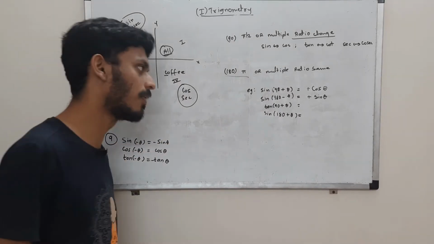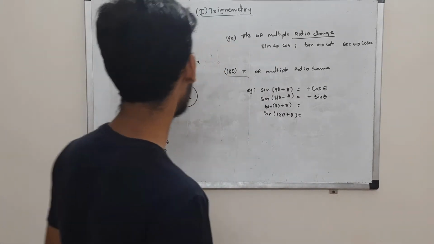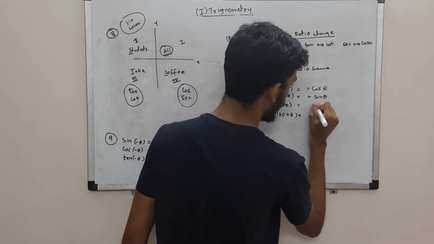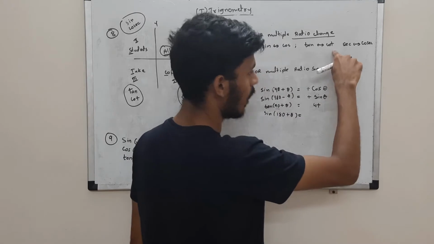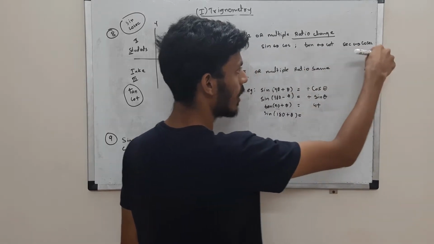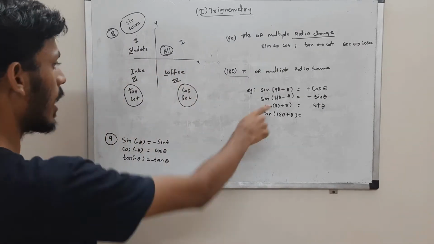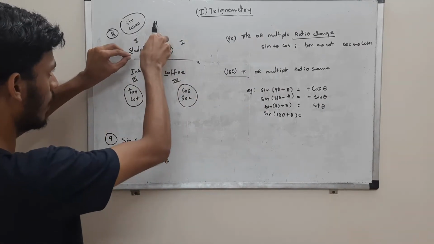Let's come to tan of 90 plus theta. Here first of all you can see it's 90, so the ratio will change to cot. For tan it is cot. Sine cos, tan cot, sec cosec. So the ratio will change to cot theta. Now you can see the angle lies in the second quadrant, 90 plus theta, right?